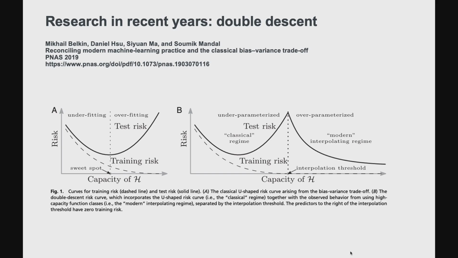As I increase the capacity of my model, as my model becomes more complex on this x-axis, the error, sometimes called risk, the training error or training risk, goes down up to 0. At some point my model is so complex, I hit exactly my data points, like a very high polynomial.